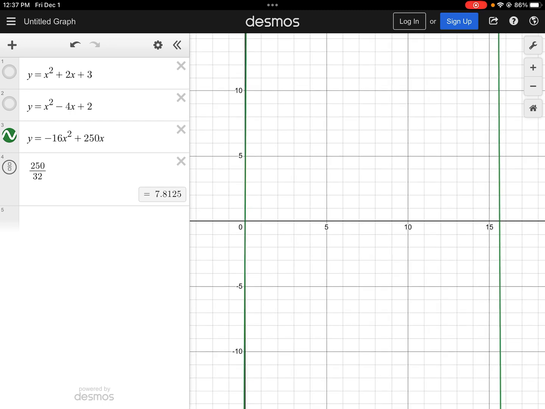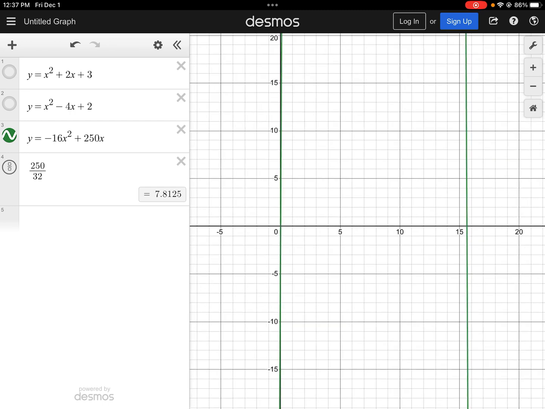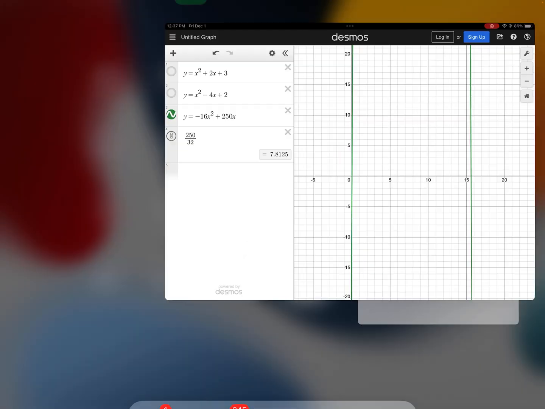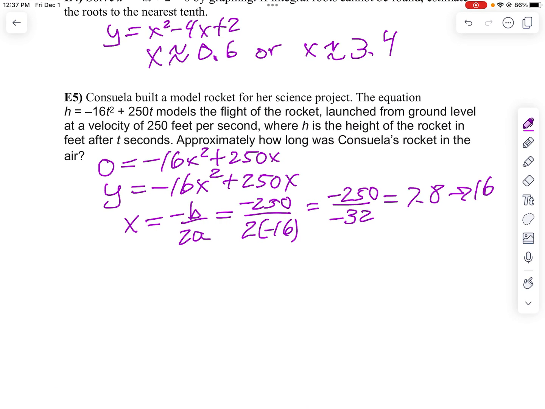The problem is I can't see the top of my parabola. Well, let's see what the top of my parabola would be. y is going to be negative 16 times 7.8 squared plus 250 times 7.8.